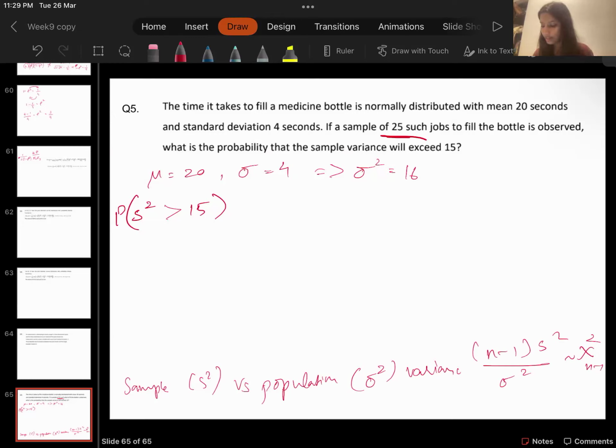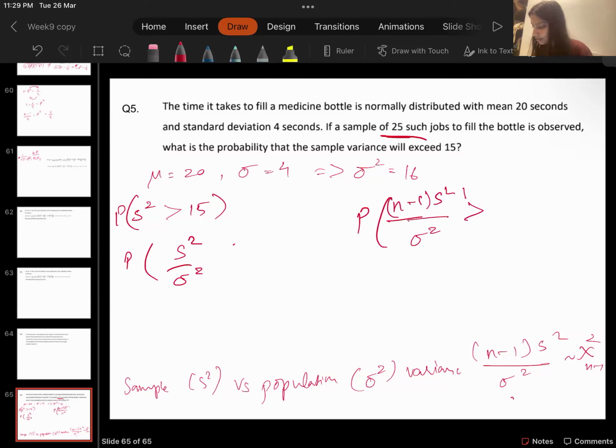So you're just sampling it and you need to find P of S square greater than 15. Let's go step by step.